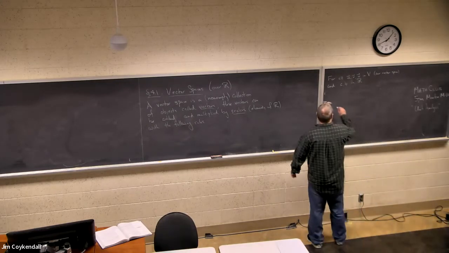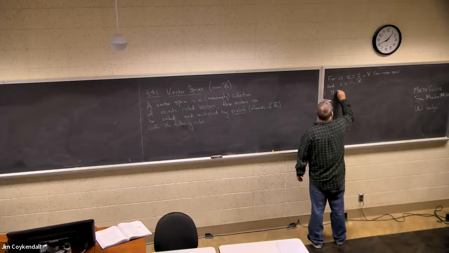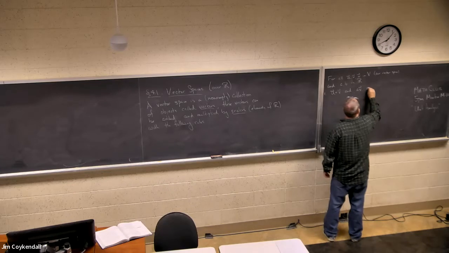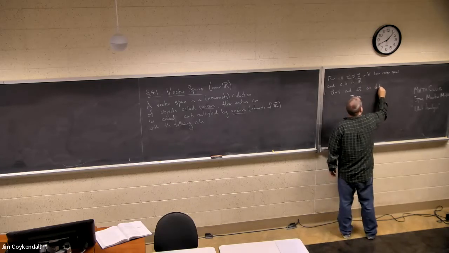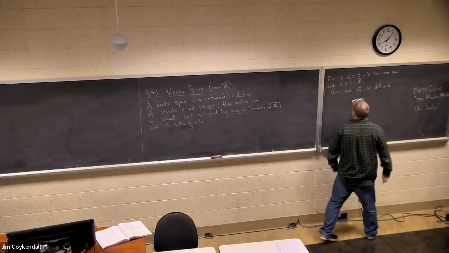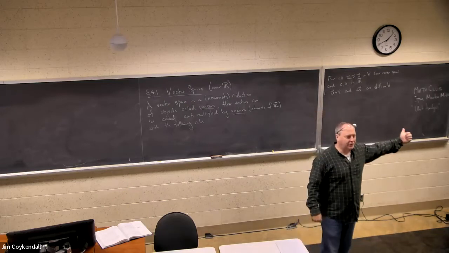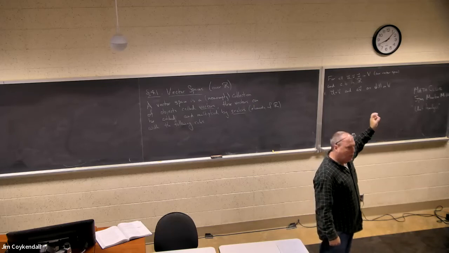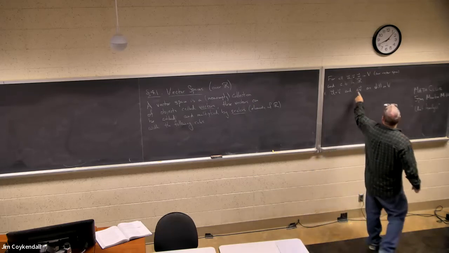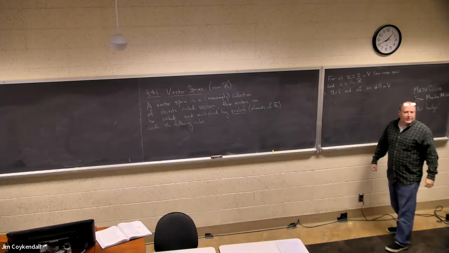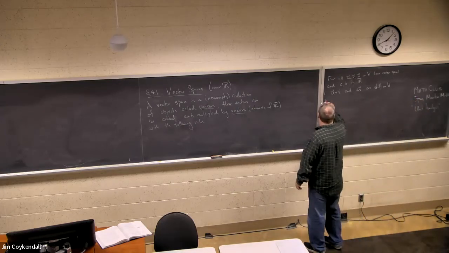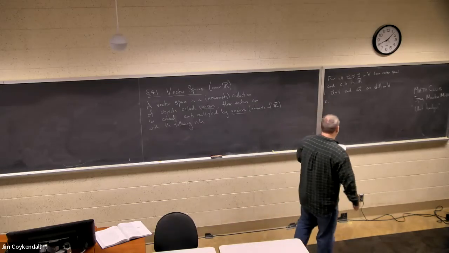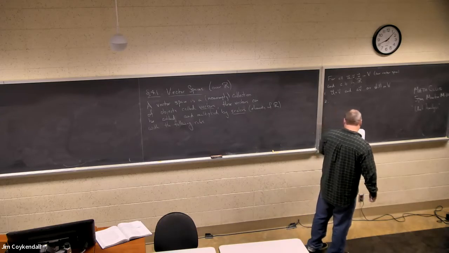Number one, when I add two vectors, it's still a vector, still in the vector space. And when I multiply a vector times a constant, it's still in the vector space. So that's the first rule. Adding and multiplying by a constant, you're still in the playground.